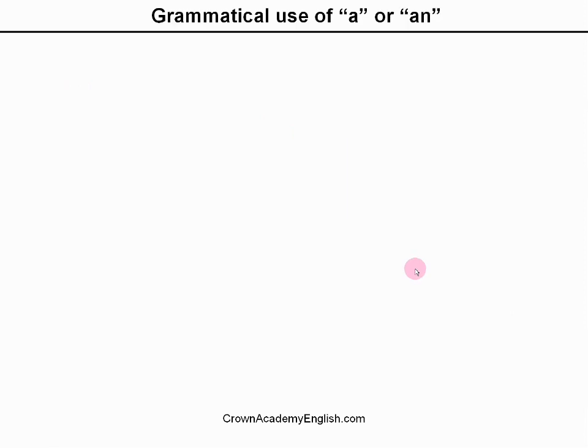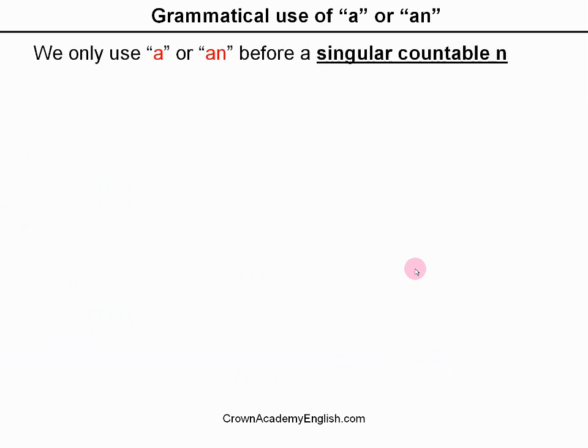The grammatical use of a or an. We only use a or an before a singular countable noun. I bought a shirt. That is correct, because shirt is a countable noun, and here it is in the singular form.